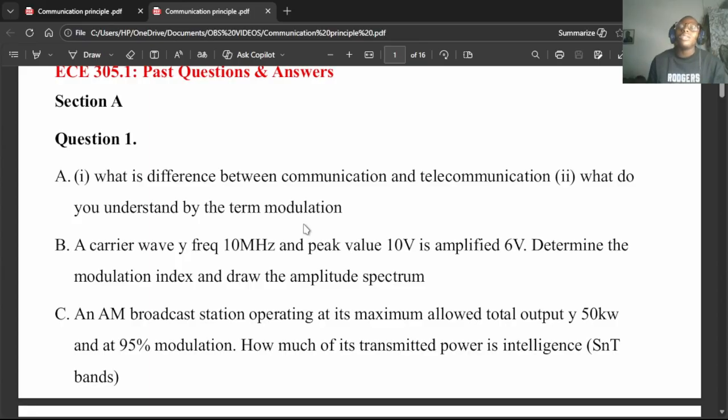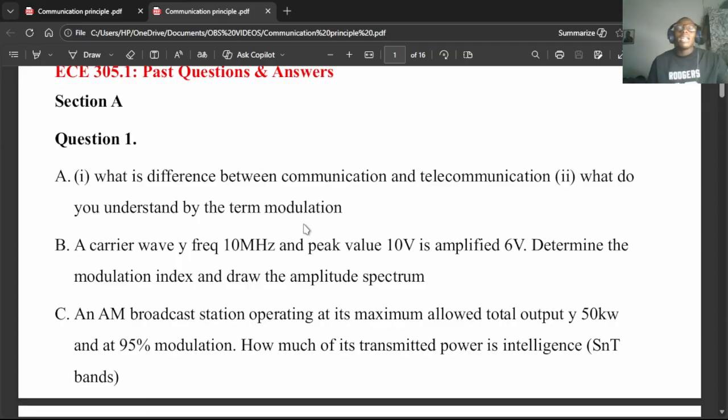Here they want to know the difference between communication and when you now add tele to your communication. Then the next question is what do you understand by the term modulation? In essence, they are asking you to describe what modulation is, but it should not be a bulky description, a brief description with points.